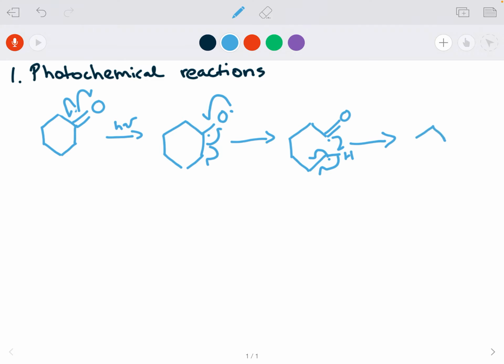So we'll be left with an aldehyde, and then that is now a carbon-carbon double bond. So that's the first photochemical reaction example.